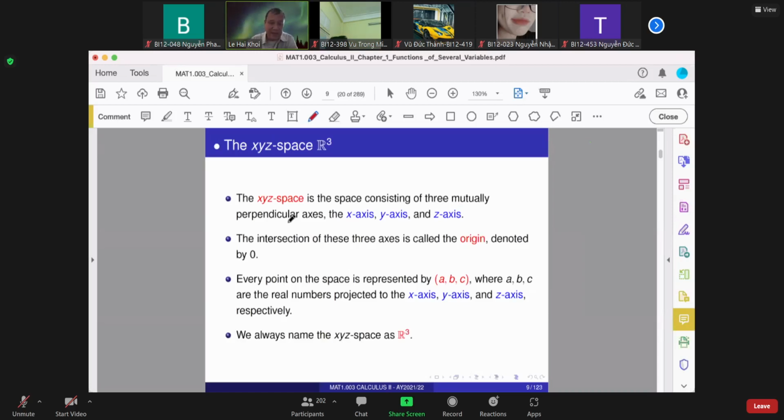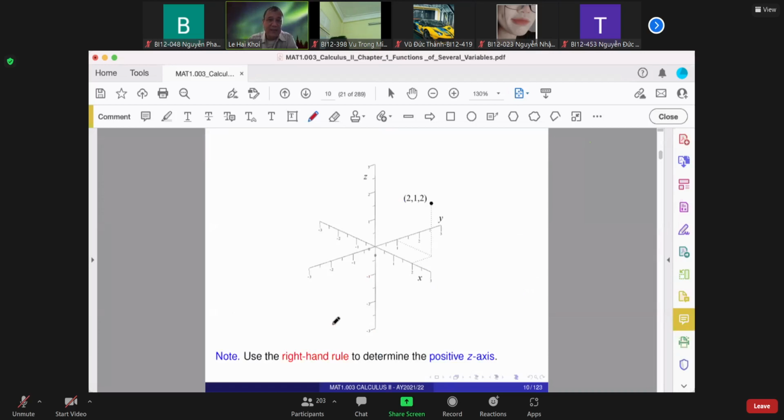And again, if you are given R2, R3, you should understand that you have your X, Y, Z space in your hand. For this R3, please remember that you have 3 coordinates.